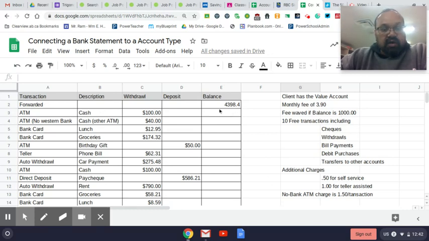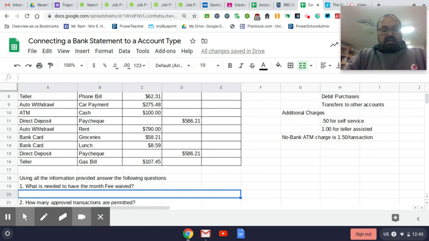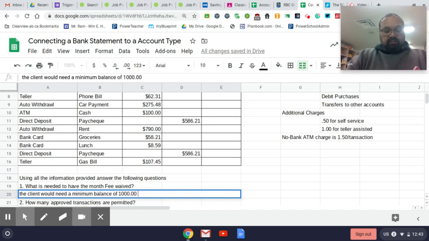Well, the forwarded balance for this client is $4,398. So what is needed to have the monthly fee waived? You would type in here, the client would need a minimum balance of $1,000, which the client has. They're done.